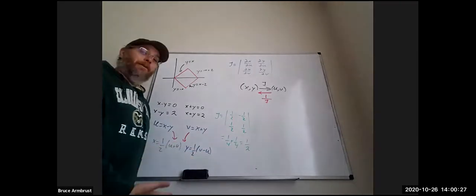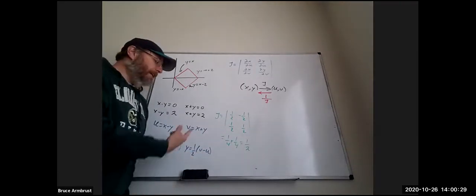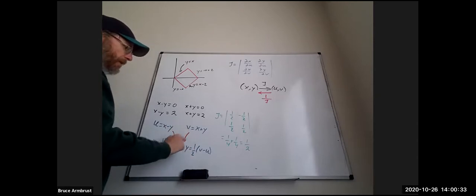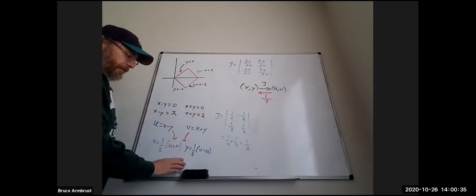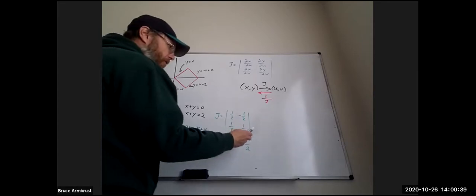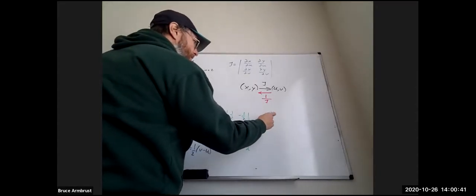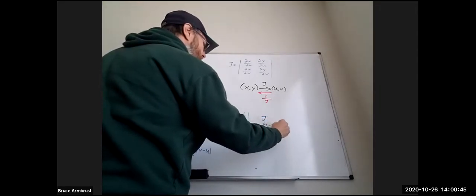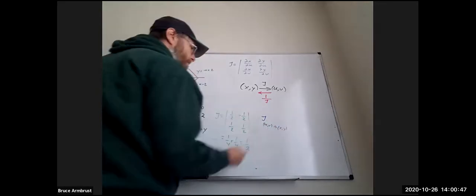Now, why I even bother mentioning that is, check this out. Instead of going through this whole process of trying to solve it for x, y, and all that, let me show you the reciprocal Jacobian. So this is going to be the Jacobian from uv to xy. Okay.